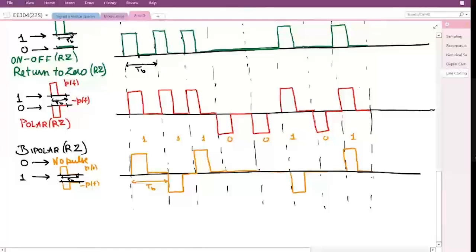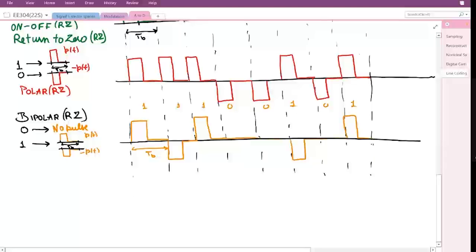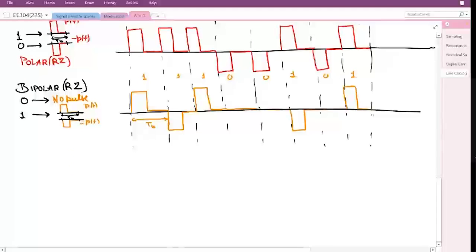Okay, let us see this thing. Let us see the polar and bipolar case, the spectral density of that. If I see the spectral densities of the polar and the bipolar case, then it will make more sense.